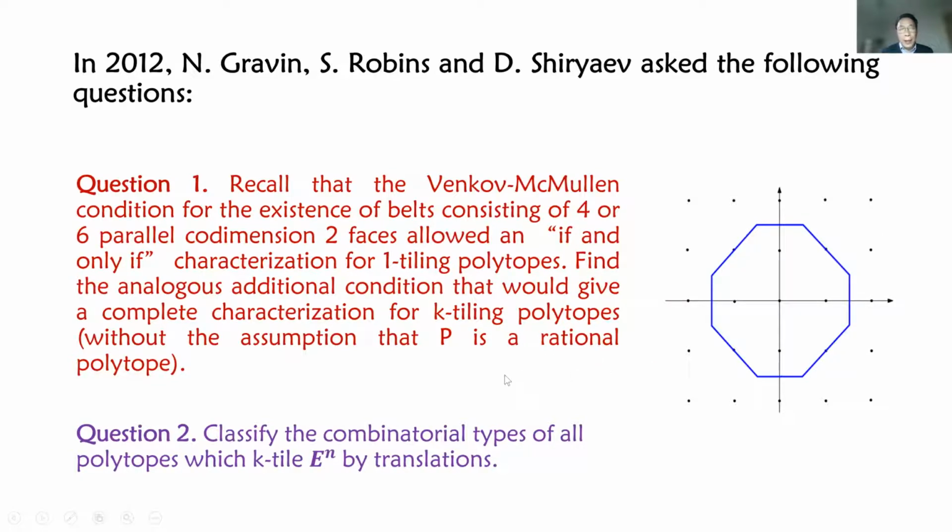To be honest, I myself am not so optimistic about this one, since when the multiplicity is a little bit larger, there are some troublemakers. And the second question is to classify the combinatorial types of all polytopes which k-tile the Euclidean space by translations.